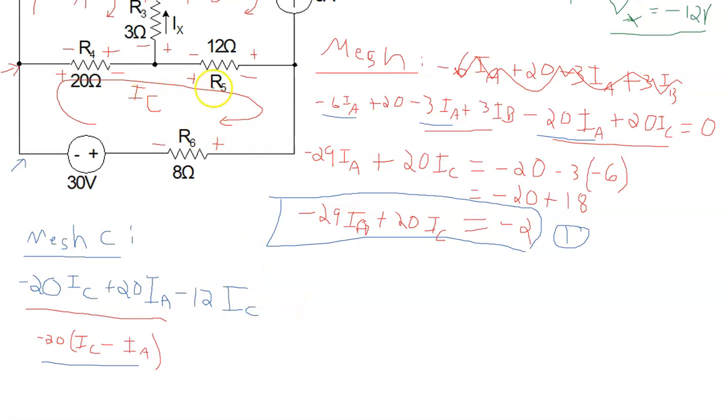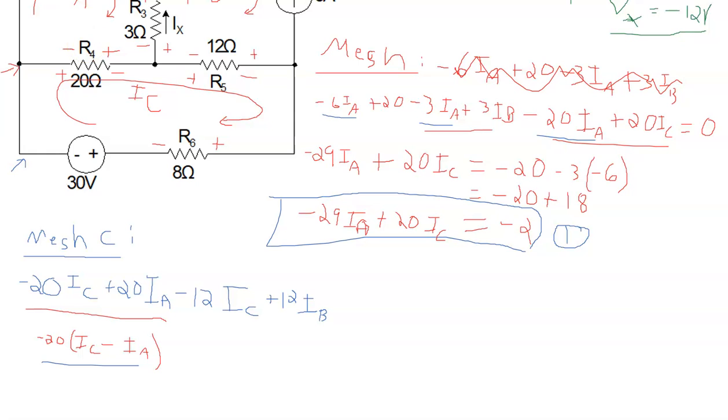With respect to IC, we're still going left to right, but from the mesh B side, it's a negative to a positive. So that's plus 12 times IB. So, doing this the same way every time, we have negative 20 IC, negative 12 IC, plus 20 IA, plus 12 IB.